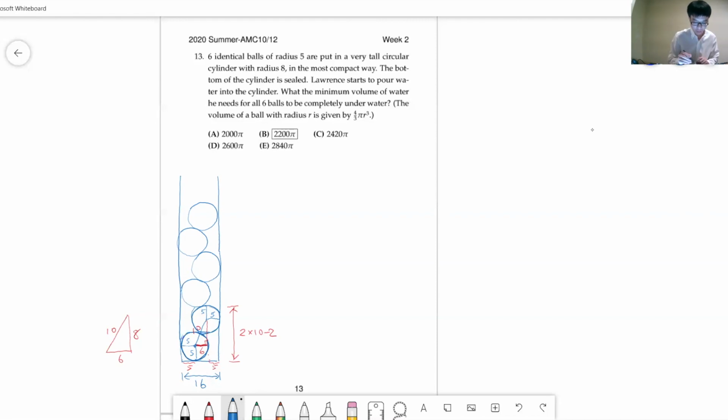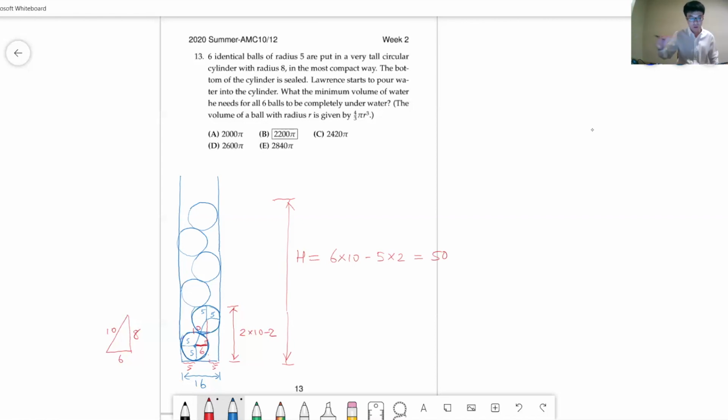Totally we have the height, let's call it capital H. The sum of all the diameters is 6 times 10. But for each pair of adjacent balls, the height decreased by 2. There are 5 such pairs, so minus 5 times 2. So the actual height is basically 50. This height is 50.